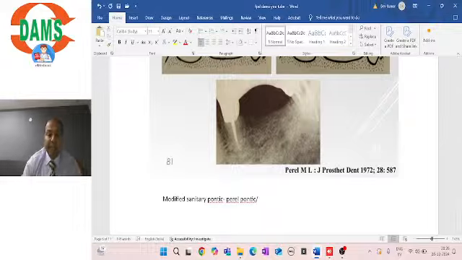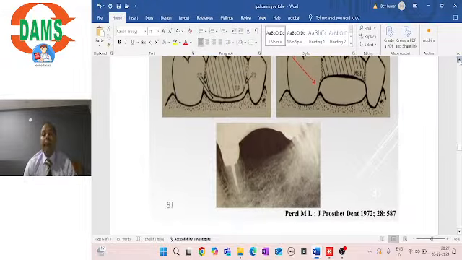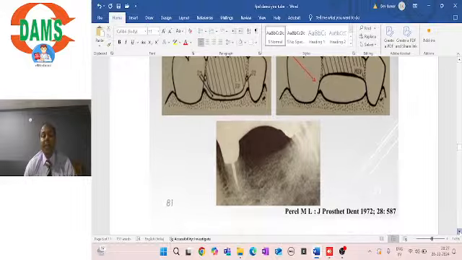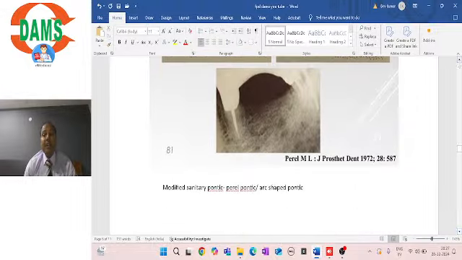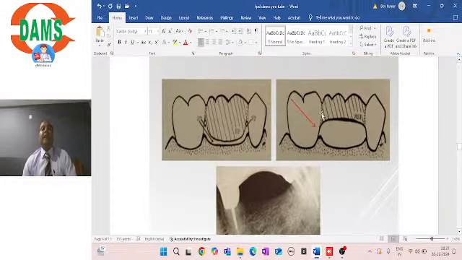Even we can say it is known as the arc-shaped pontic. So if it is asked what this pontic is, we can say that it is a parallel pontic, modified sanitary, or arc-shaped pontic. The major advantage of an arc-shaped pontic is that we get a better connector length.